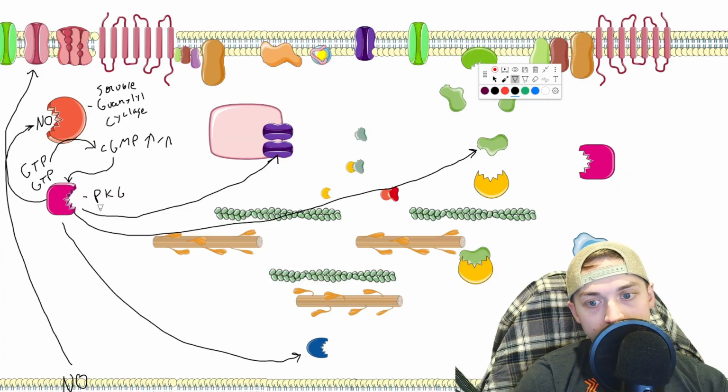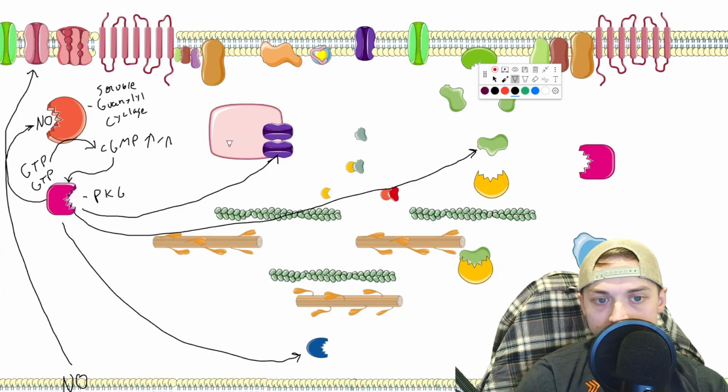First, this protein kinase G enzyme is going to come up here to the calcium channels, and it's going to put them into overdrive, causing all the calcium that was over here with the calmodulin to go back into where it came from.